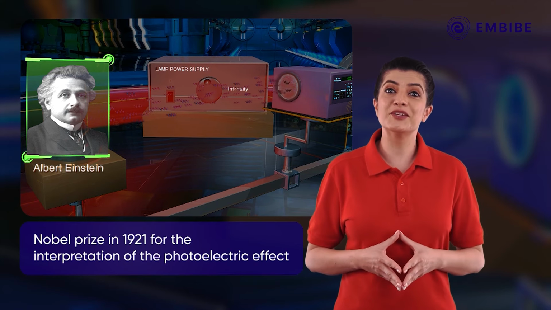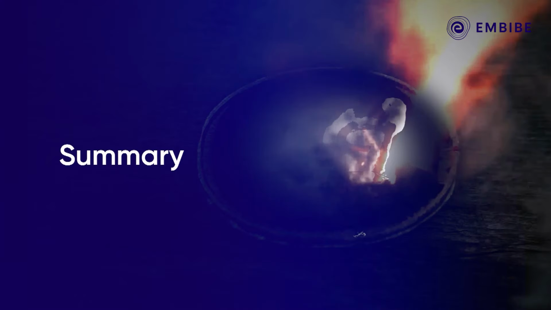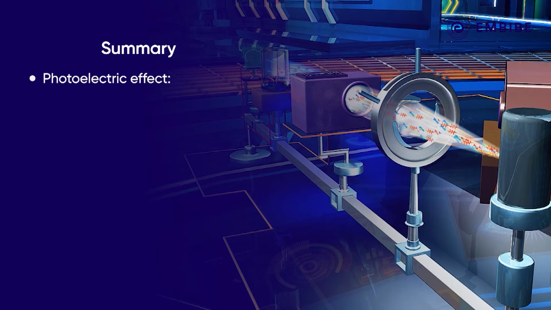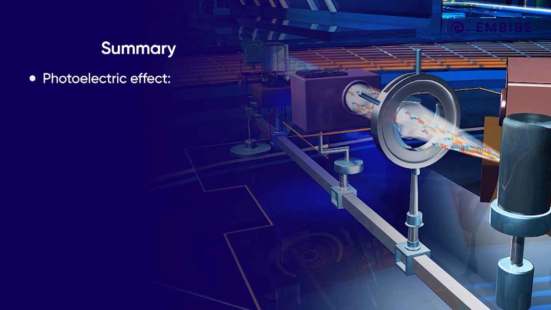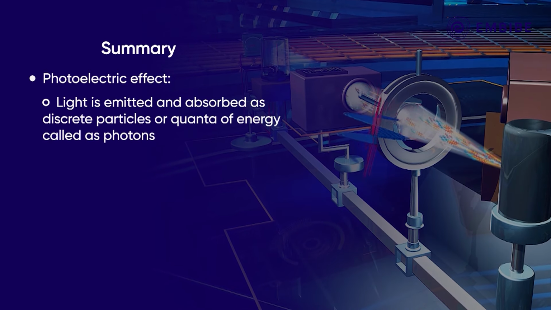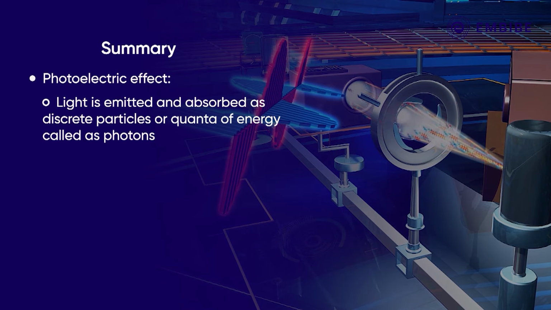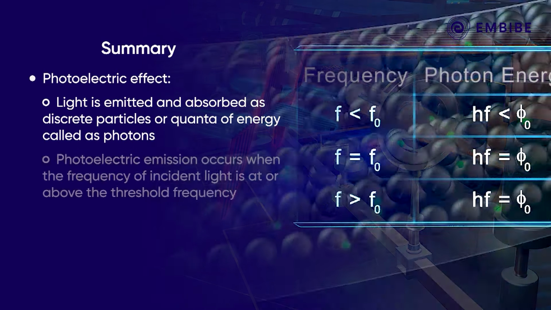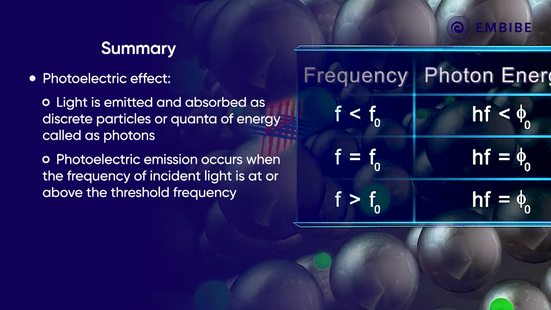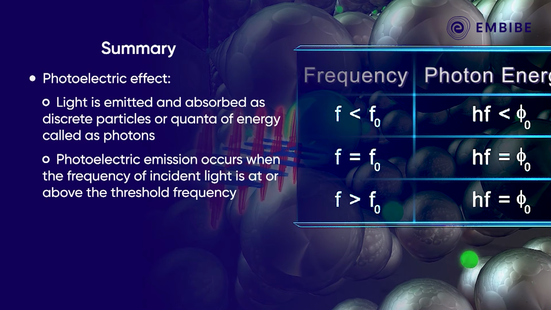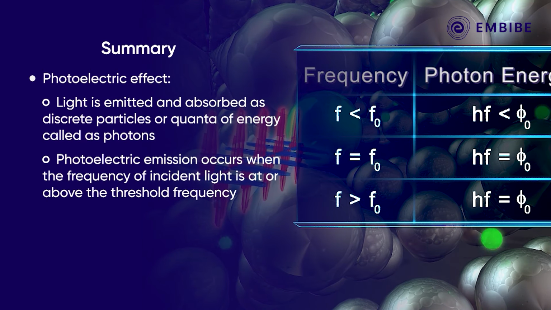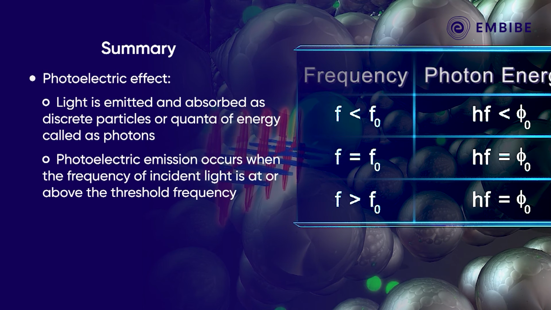To summarize, Einstein's explanation of the photoelectric effect confirmed that light is emitted and absorbed as discrete particles or quanta of energy called photons. Photoelectric emission occurs only when the frequency of incident light is at or above the threshold frequency.